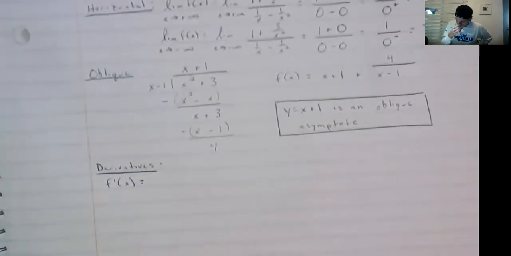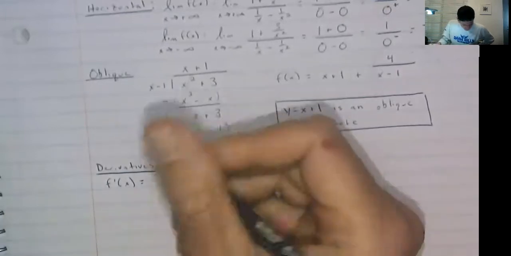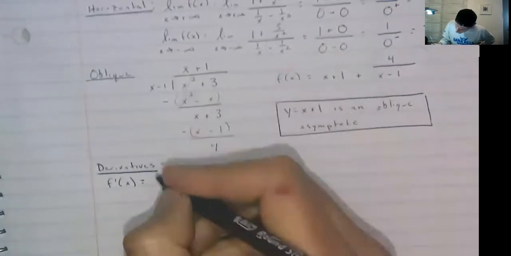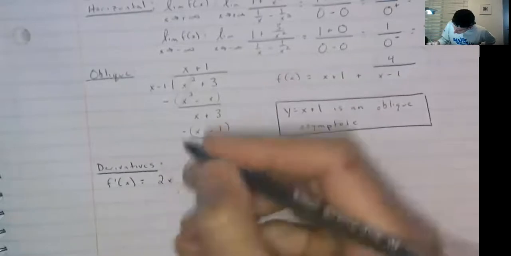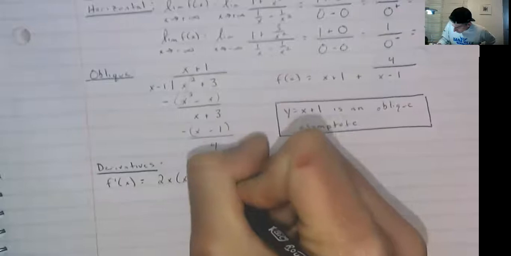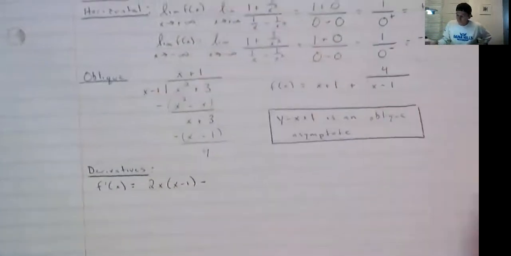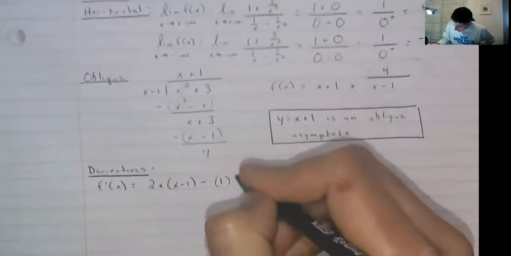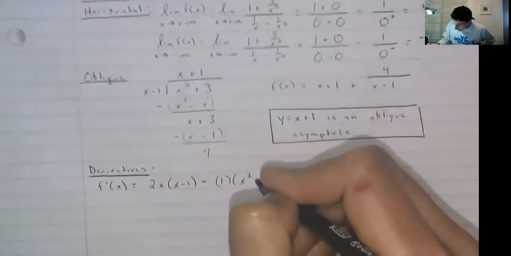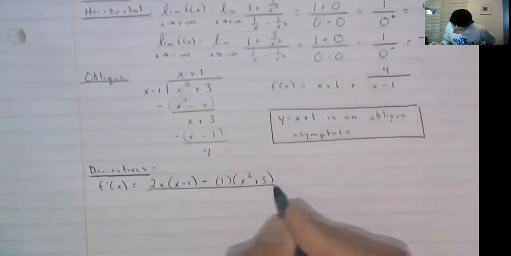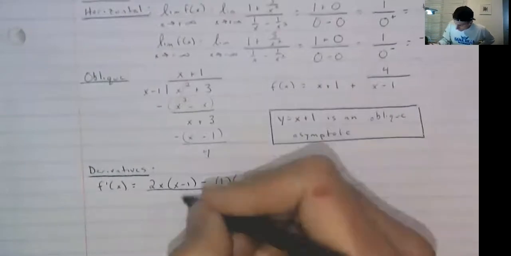Okay, so we will do derivative of the top, 2x, times the bottom, x minus 1, minus derivative of the bottom, which is 1, times the top, x squared plus 3, all over the denominator squared.